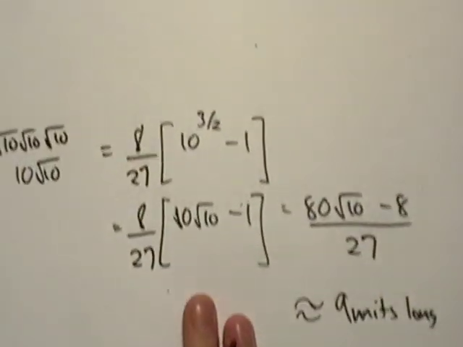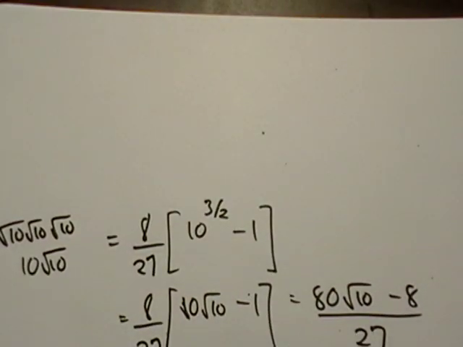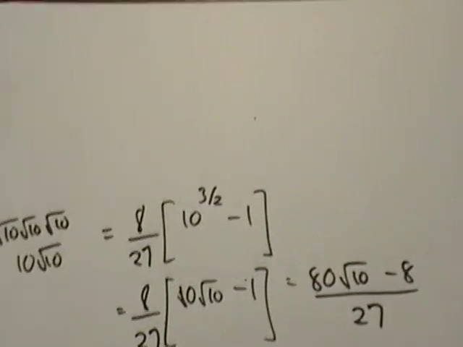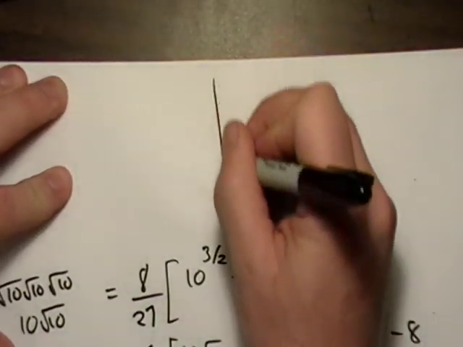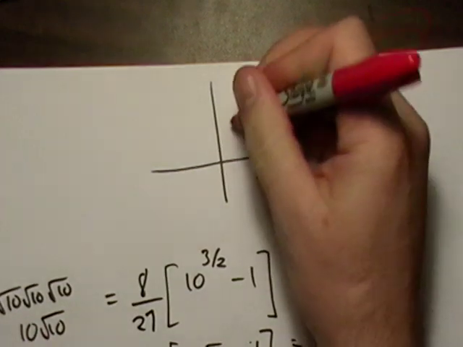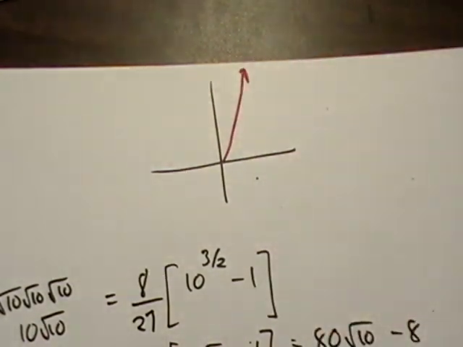But let's just think about what x to the 3 halves looks like. I just grabbed this on the calculator, and x to the 3 halves, apparently it kind of looks like that.